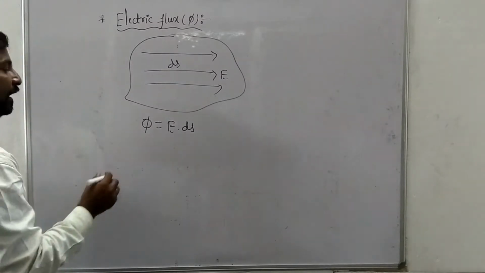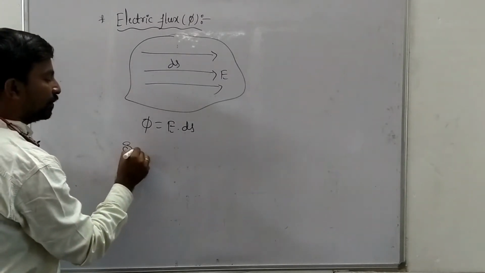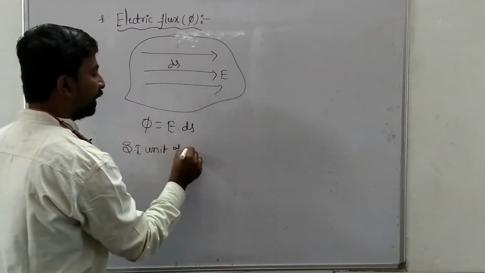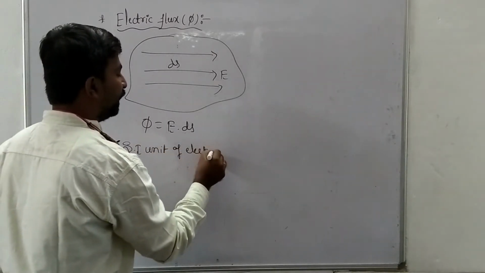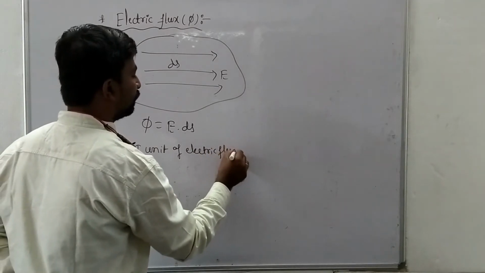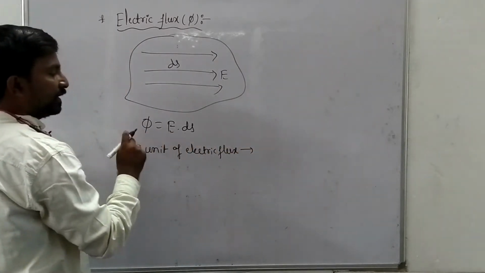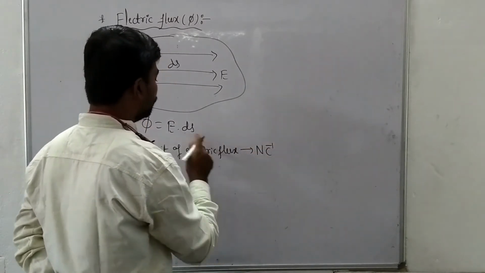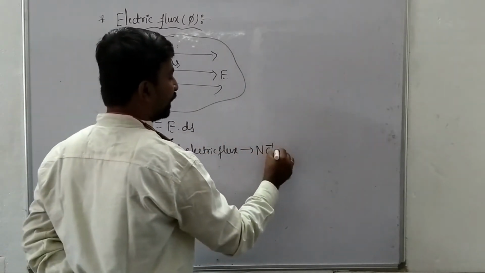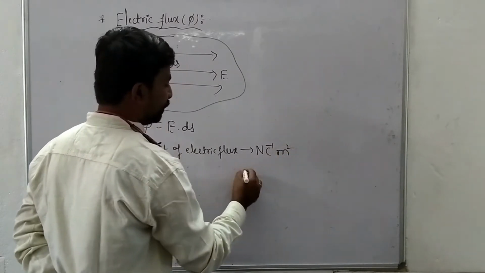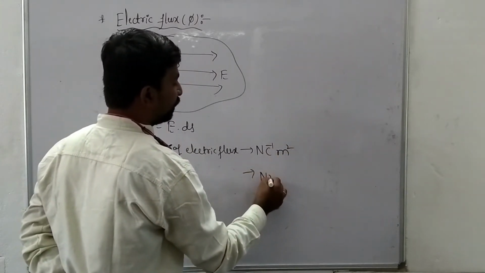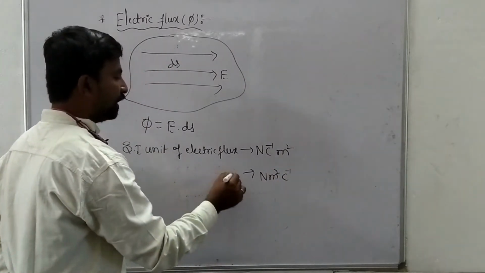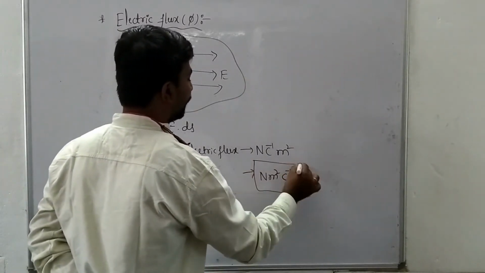Then the SI unit of electric flux: the SI unit of electric field is Newton per Coulomb, and surface area is meter square. Therefore Newton meter square per Coulomb is the SI unit of electric flux.